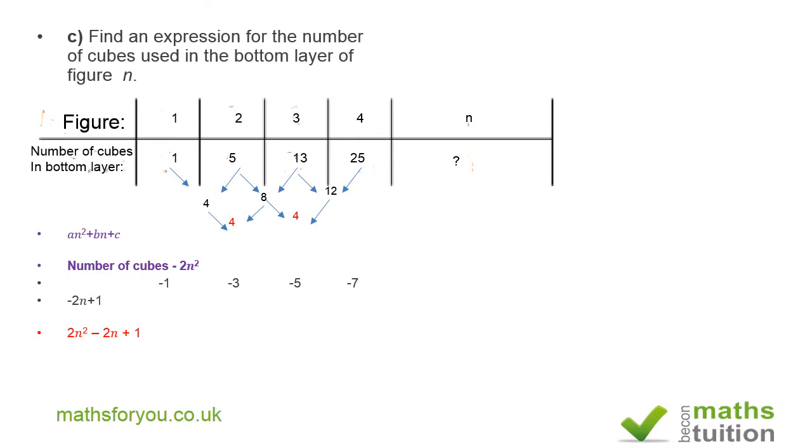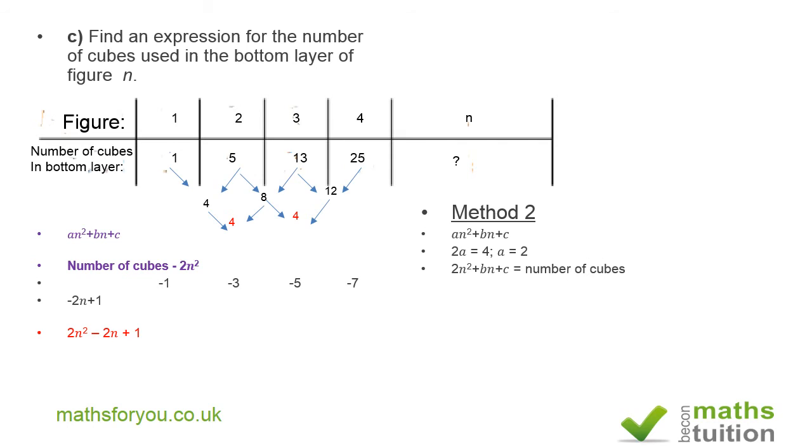Okay. Now, method 2. Again, bringing down an squared plus bn plus c, that's what you expect. Now, usually 2a is equal to the number at the second line of difference. So 2a is equal to 4, in which case a is equal to 2. Right.